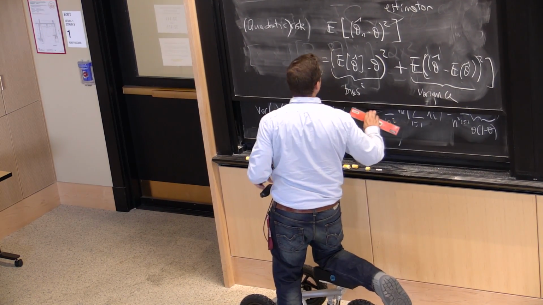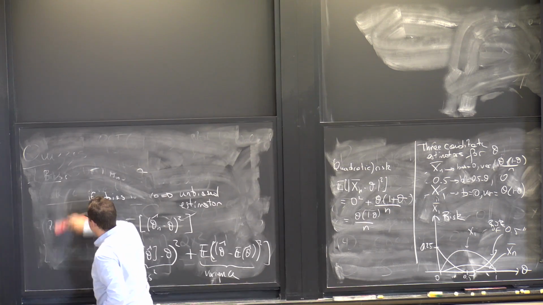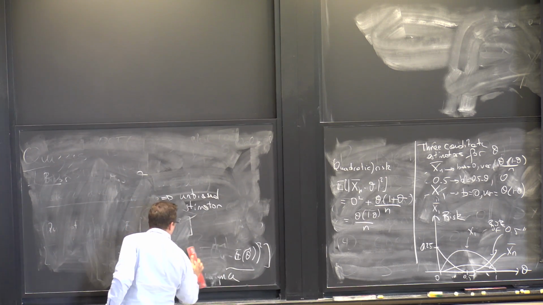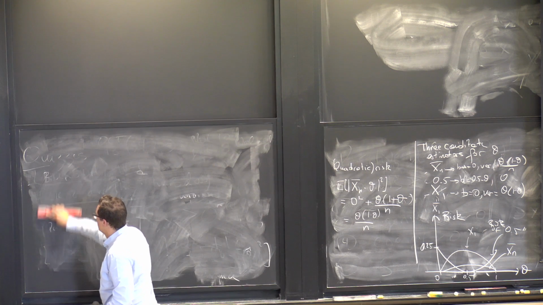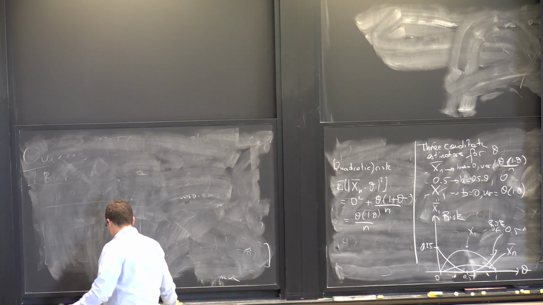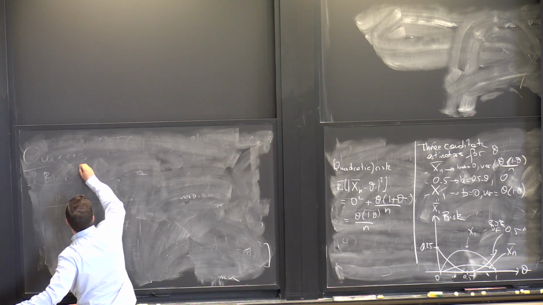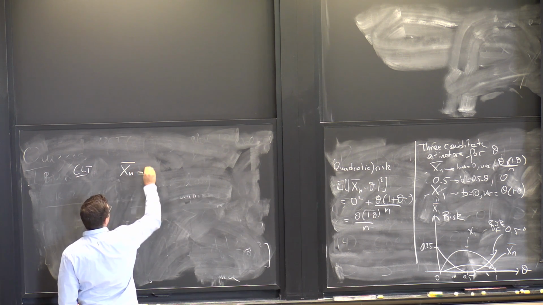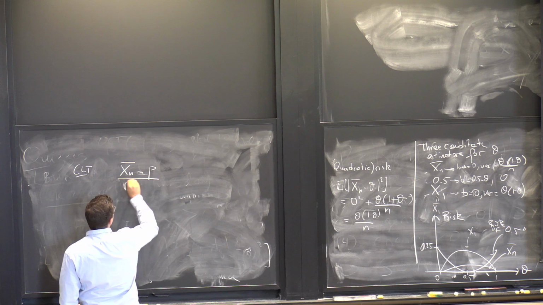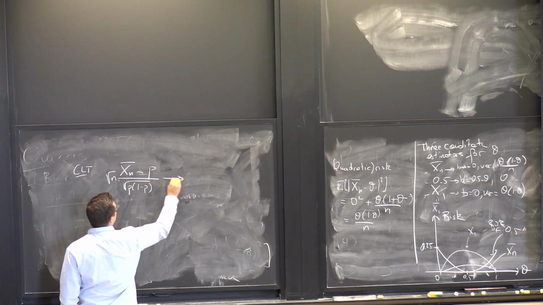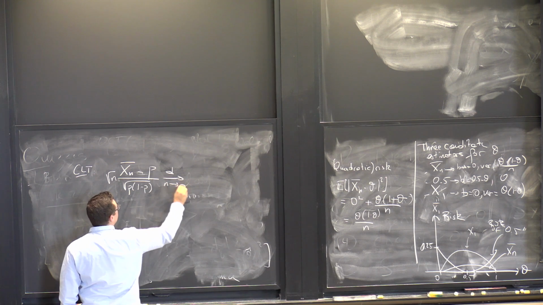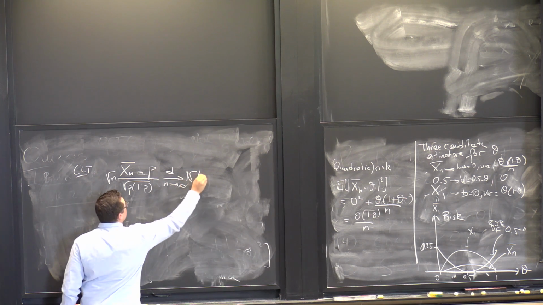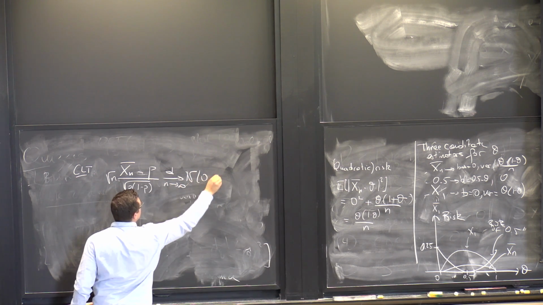So we know from the central limit theorem that the square root of n times xn bar minus p, divided by the square root of p(1 minus p), converges in distribution as n goes to infinity to some standard normal distribution.